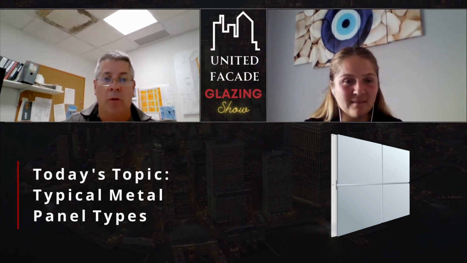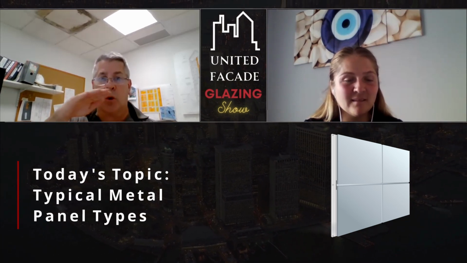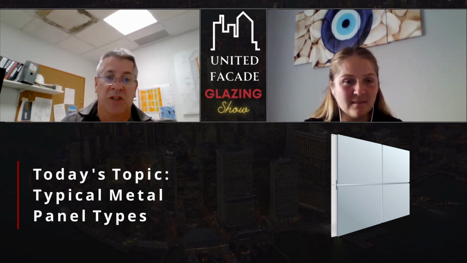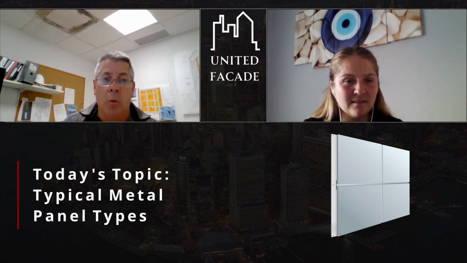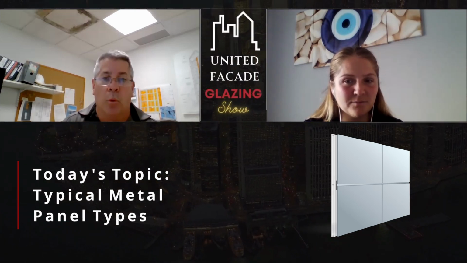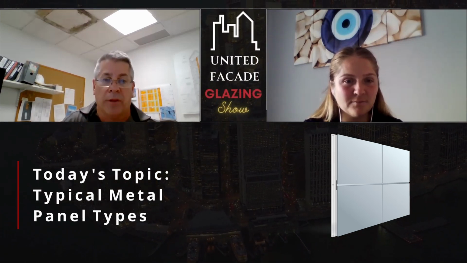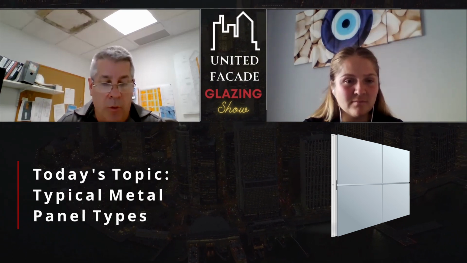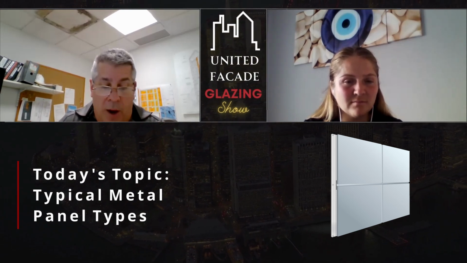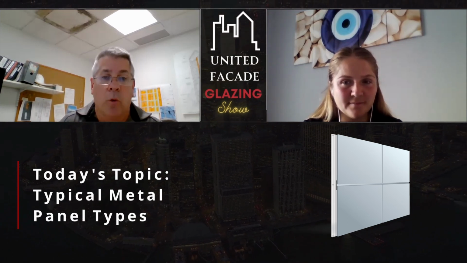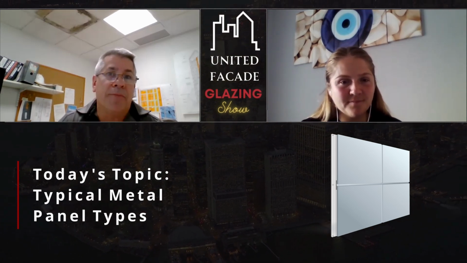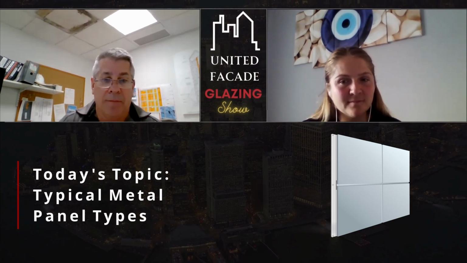The thinner the panel over a large surface, the more it's going to want to bow, especially when the sun hits it. You're going to get deflection in the panel through the heat, and once it warms up and cools down, it's going to want to deflect and deform. Generally the way you overcome that is to design a thicker panel or add stiffeners onto the back of it.